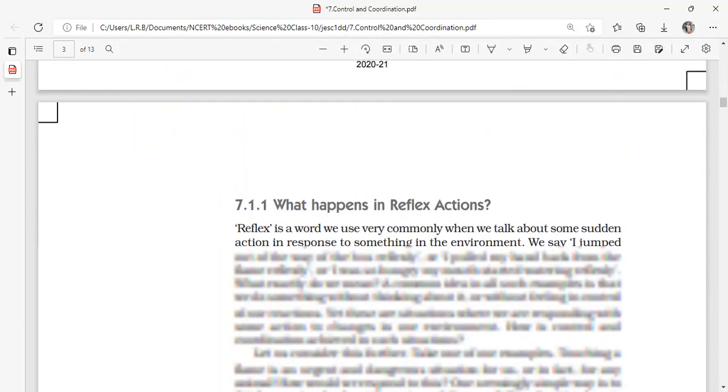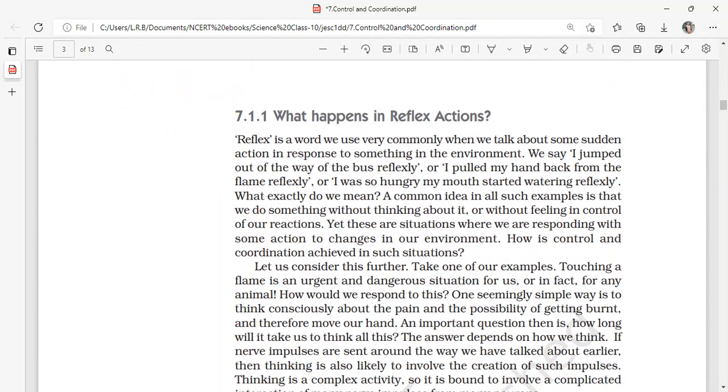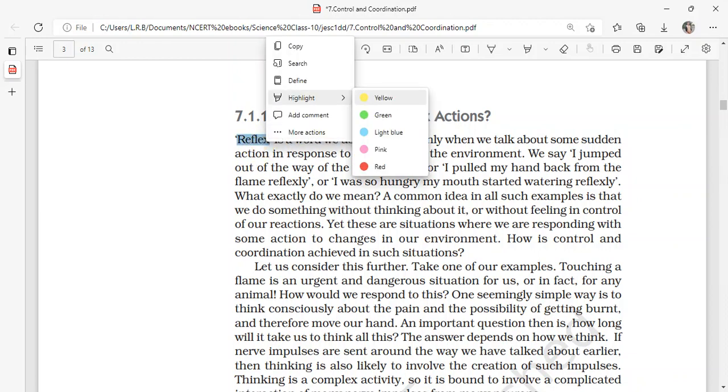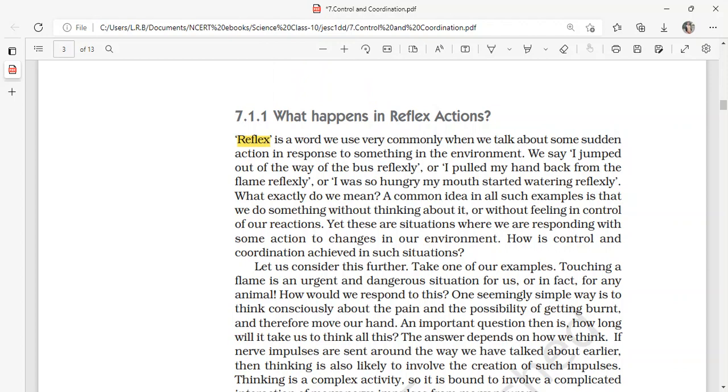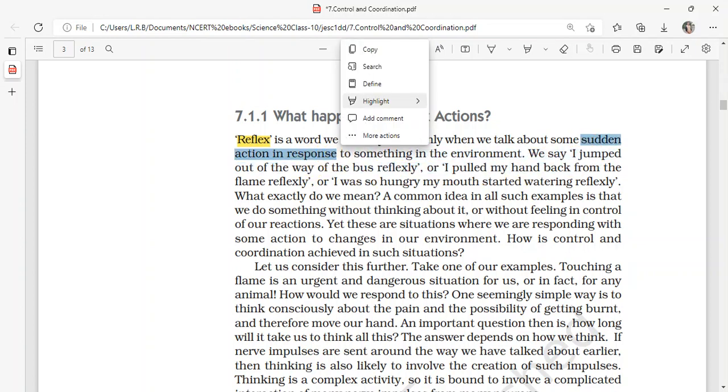Yes or no? Next, what happens in reflex actions? Let us see what these reflex actions are, why they happen and how they are processed. Reflex is a word we use very commonly when we talk about some sudden action in response. So what is a reflex action? It is a sudden action in response to something in the environment.